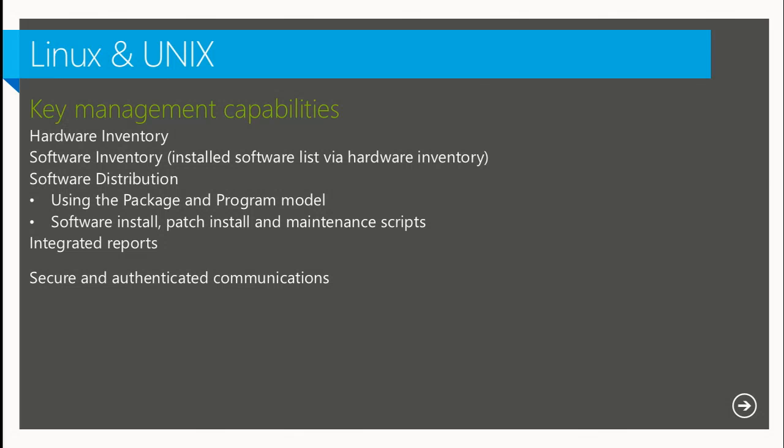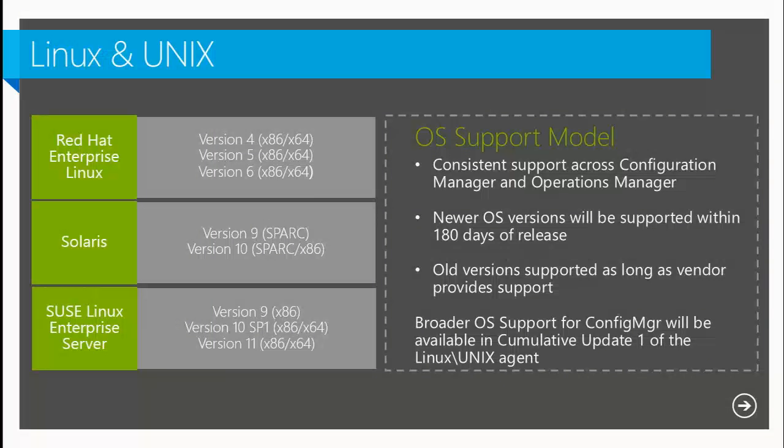Linux and Unix next. In this area, again, all the core functionality is there. The focus for these is server platforms, and in terms of which specific versions are supported, on the left side, you can see the list of versions that are supported with Service Pack 1. I really want to explain the rationale behind this.